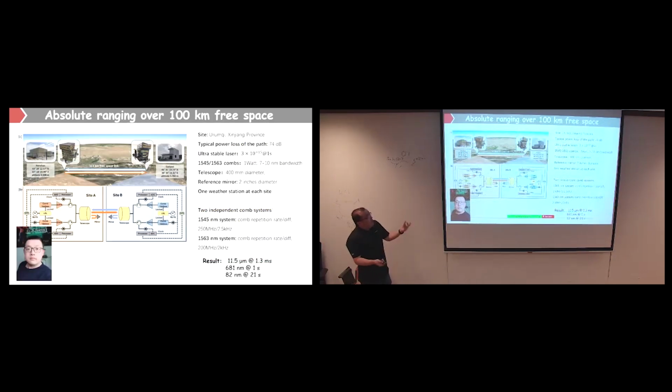And because you are doing the time-frequency dissemination, you can actually measure the distance very precisely. In our experiment, we can demonstrate distance changes down to some nanometers. The best one is about 82 nanometers per 20 seconds.